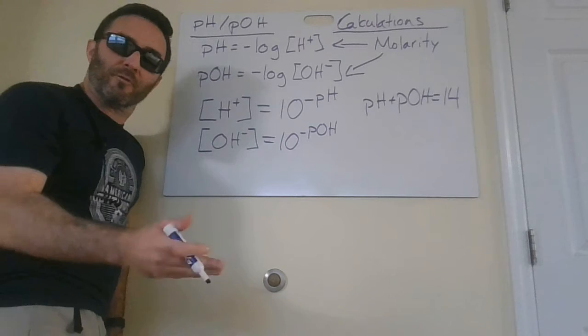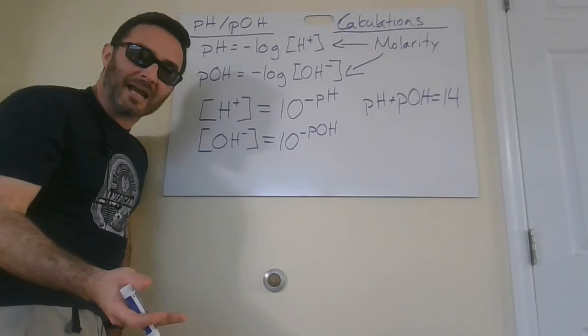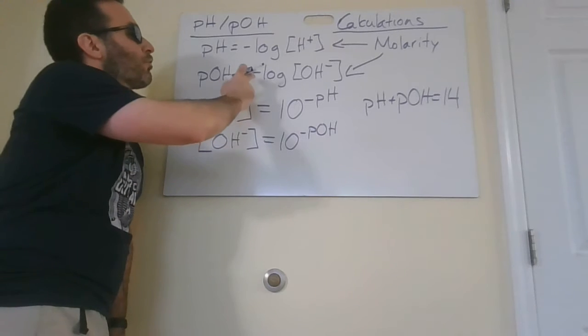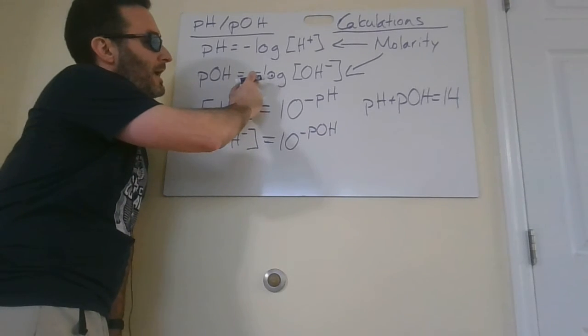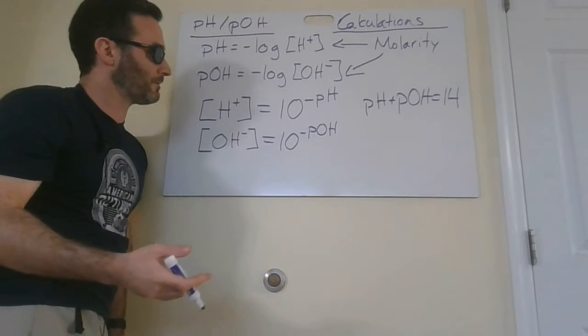The same thing for pOH. If you know the hydroxide ion concentration, you're literally just punching in the negative log of that concentration, the molarity of it.